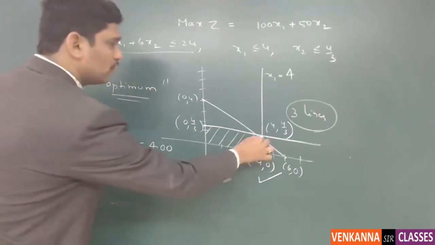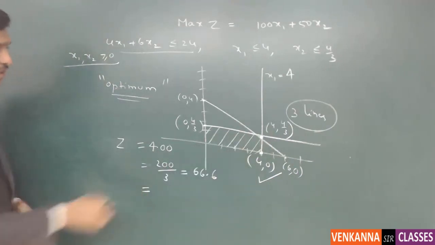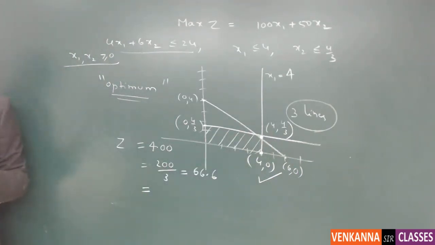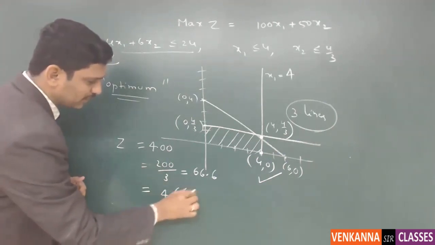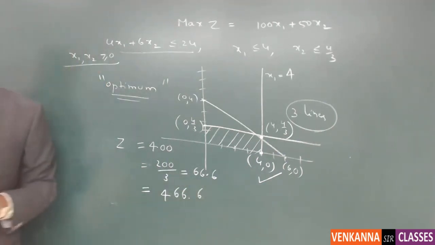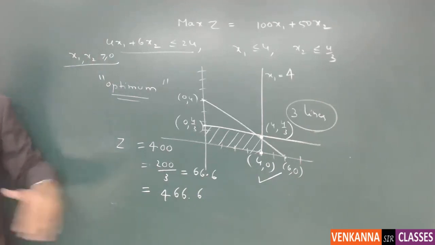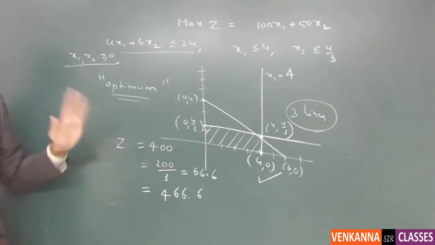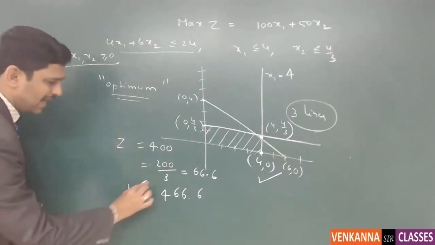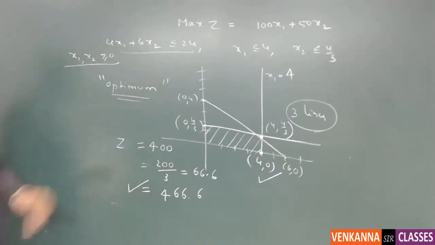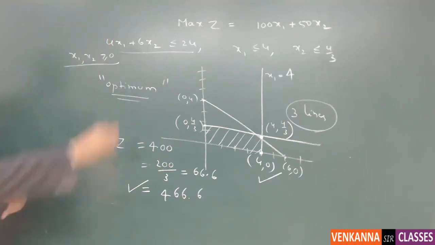And if you substitute 4 comma 4 by 3, you will get the maximum value of z as 466 point something. Now, among the 3 points, while observing the graph, we can say that the maximum for z is achieved. So for the given LP problem, the optimum solution exists.